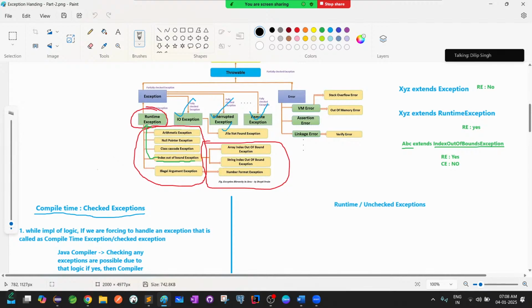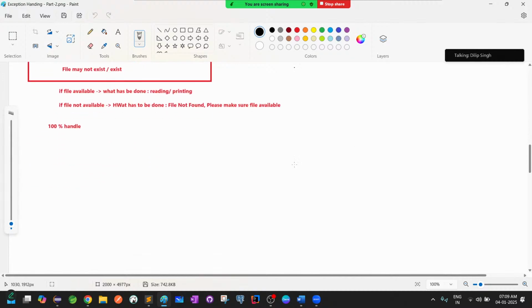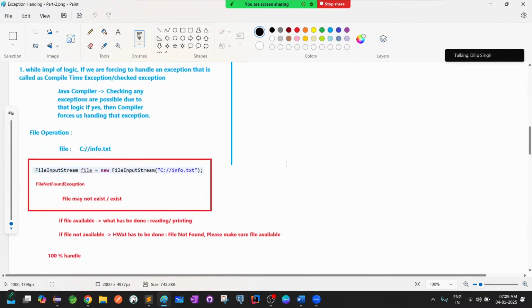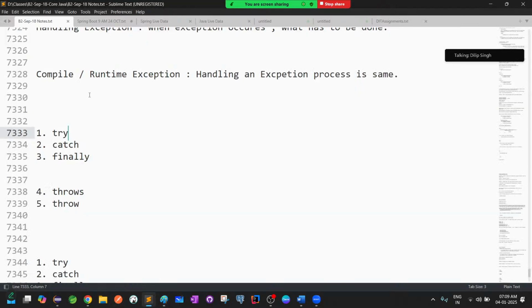Yesterday we also took that the class which extends from RuntimeException is called a runtime exception, and which is not extended from RuntimeException but extended from Exception is called a compile time exception. Exception handling is nothing but handling the exception you got, whether compile time or runtime. If you want to handle the exception, you have to follow some techniques, rules and regulations. And to achieve that exception handling, you have a total of 5 keywords.